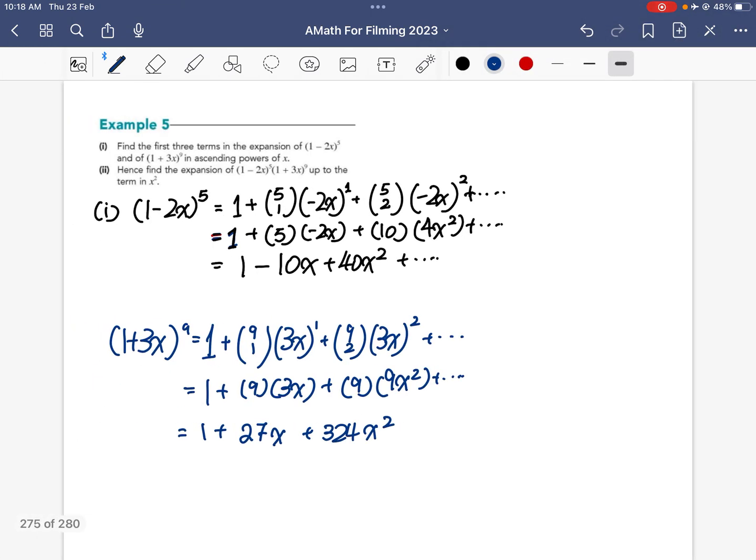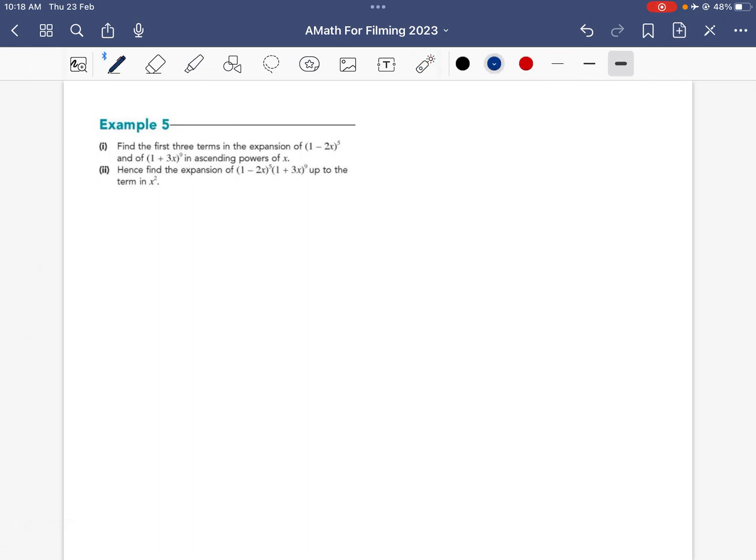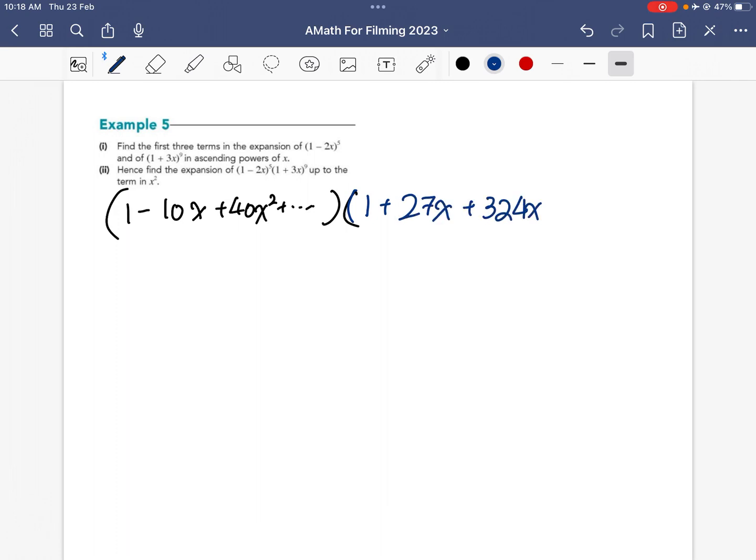What we have done in the previous slide is (1 minus 2x)^5 and (1 plus 3x)^9. So (1 minus 2x)^5 is 1 minus 10x plus 40x squared plus dot dot dot, and (1 plus 3x)^9, which we did in the previous slide in blue color, is 1 plus 27x plus 81x squared plus dot dot dot.